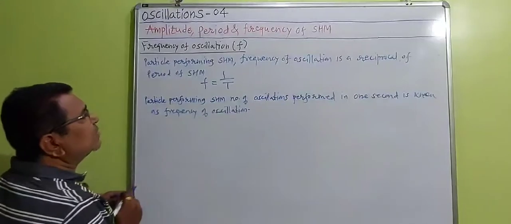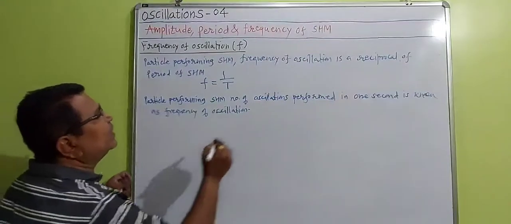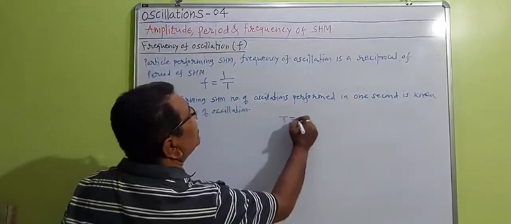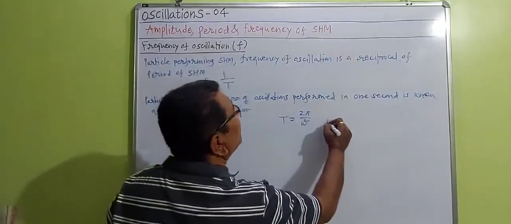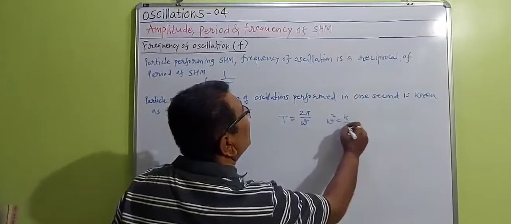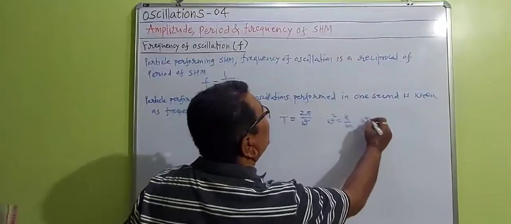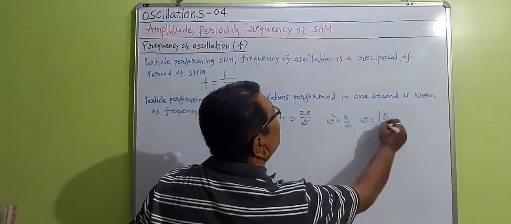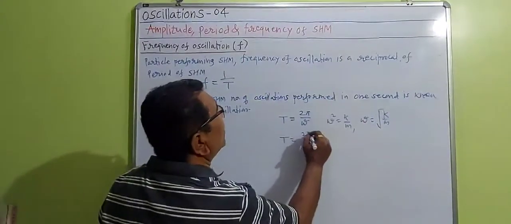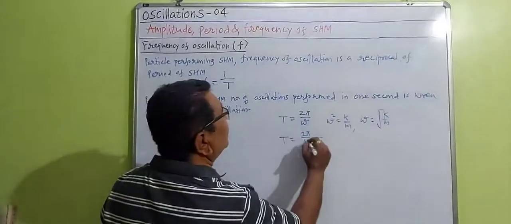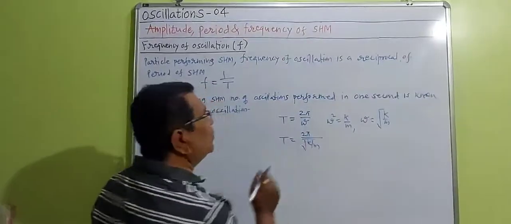We know capital T is equal to 2 pi upon omega, and omega square is equal to k by m. Therefore, omega is equal to square root of k by m. So T is equal to 2 pi upon square root of k by m, a formula we have already derived.